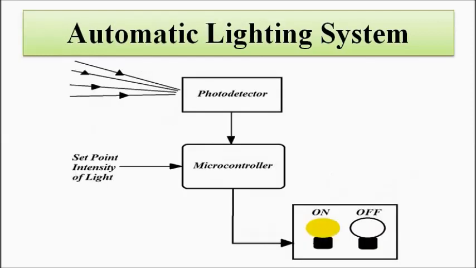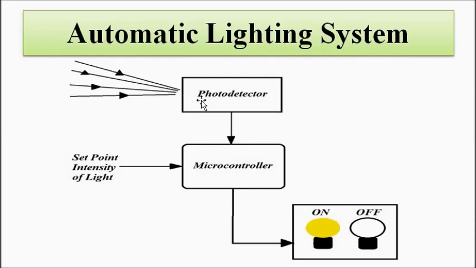Let us take another example, the automatic lighting system. Now you must have seen in some street lights and also in some houses, automatic lighting systems are used. It means as the evening approaches, after a certain time, the lights are automatically turned on, and when the morning approaches and a certain time crosses, the lights are automatically turned off.